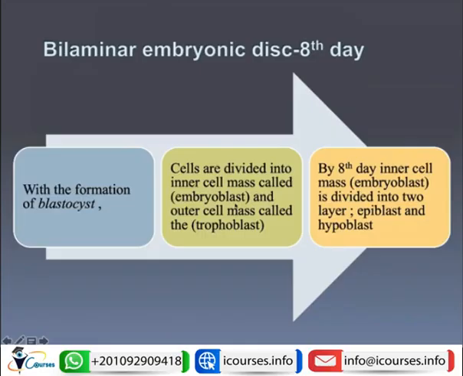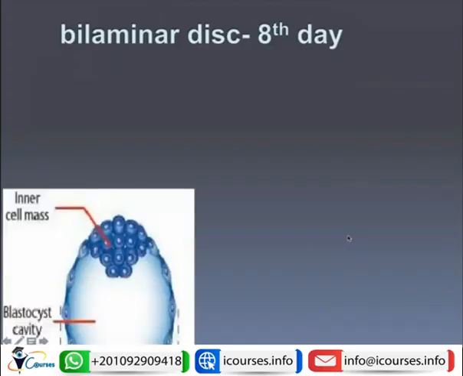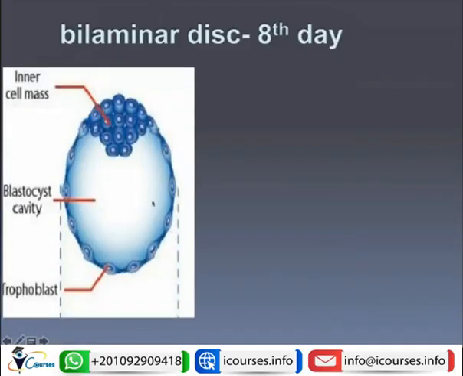So the embryoblast will later on undergo division into two layers. This embryoblast will divide into the epiblast and the hypoblast. As we can see here, this is the bilaminar disc or the blastocyst, which has an inner cell mass or the embryoblast and the trophoblast, which will form the placenta.